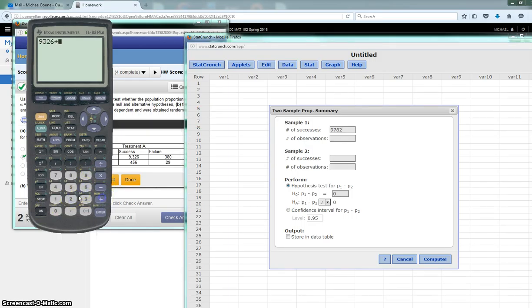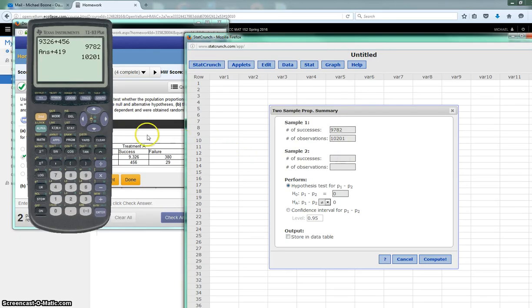9326 plus 456 is 9782, out of the total number, because this is the total number of observations. So I need to add the 380 and the 29, which is 419. So this is my total number of observations.